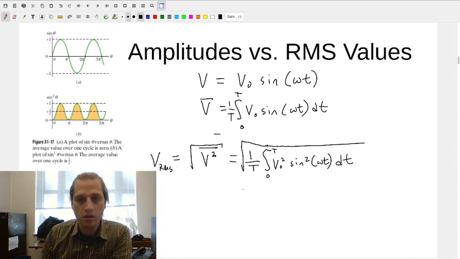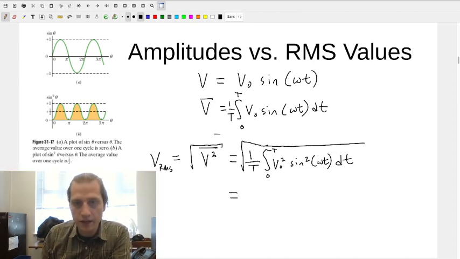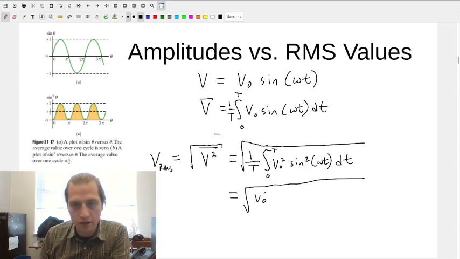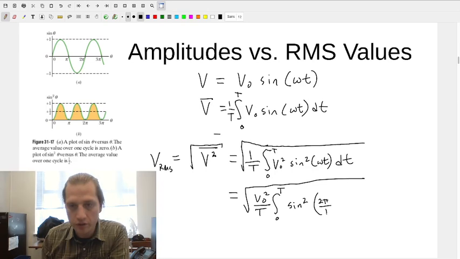Now, this V naught is just the amplitude, so I can pull that out and I would have the square root of V naught squared over T, and then this would be an integral from 0 to T of sine squared, and remember, this omega is just 2 pi over T, times t dt.